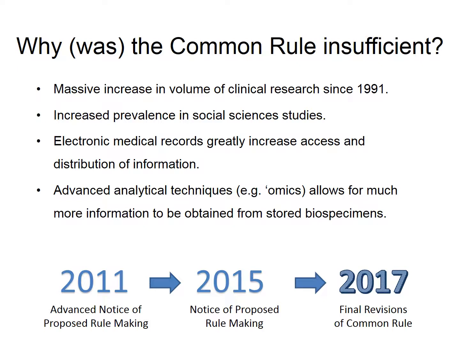And technological improvements such as electronic medical records greatly increase the access and distribution of information, as well as advanced analytical techniques. Think about omics, genomics, and such, which allow for much more information to be obtained from stored biospecimens. And so there really needs to be some thought about what happens to the information or specimens after the study is completed, and if more information is wanted out of it.